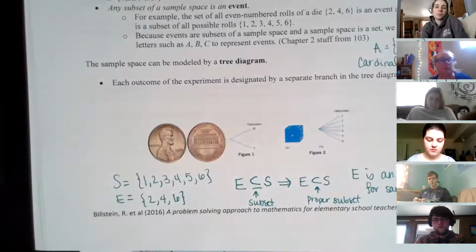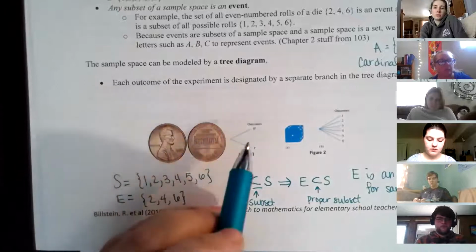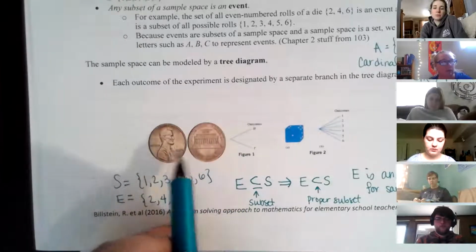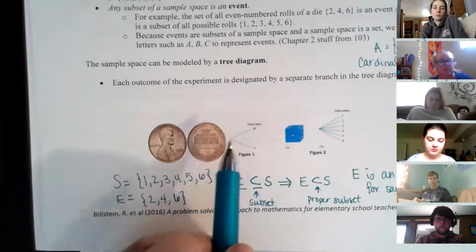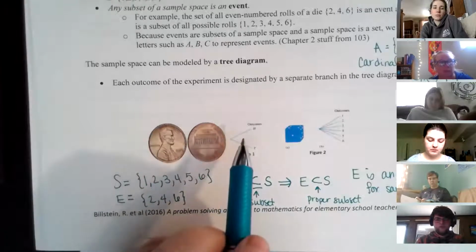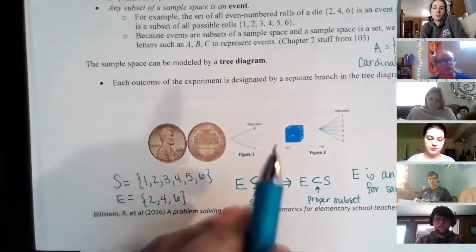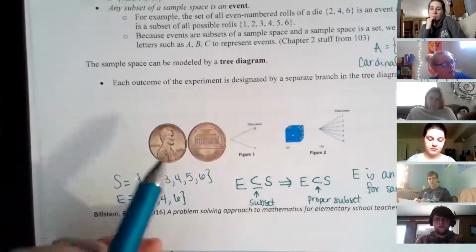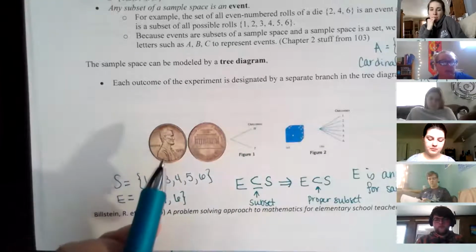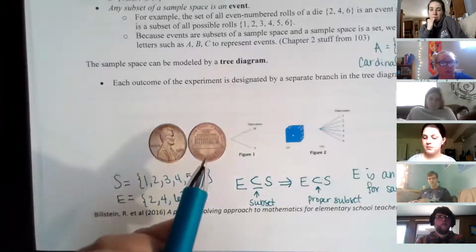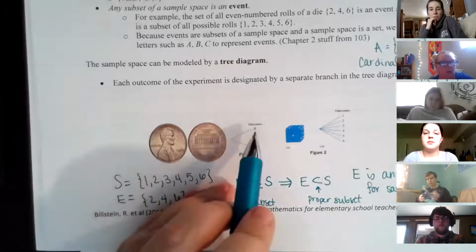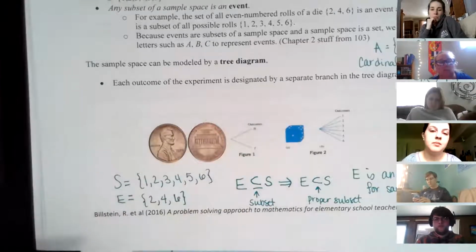We can also look at the sample space as a tree diagram. So if I draw this with branches, this is technically a type of graph. That's a tree graph because it looks kind of like a tree, right? So if I was looking at my sample space being the flips of a penny, my outcomes are either heads or tails.